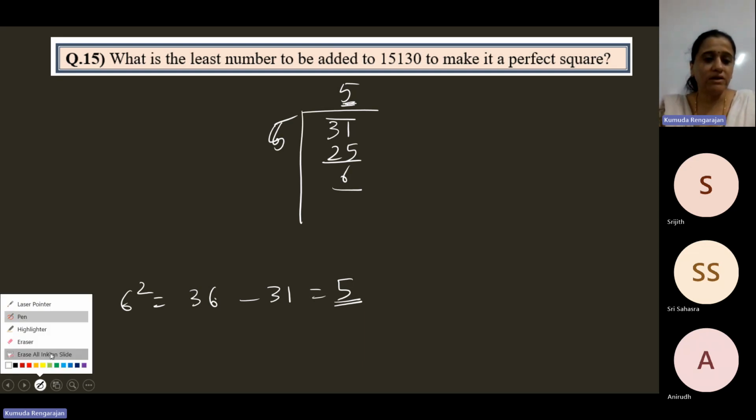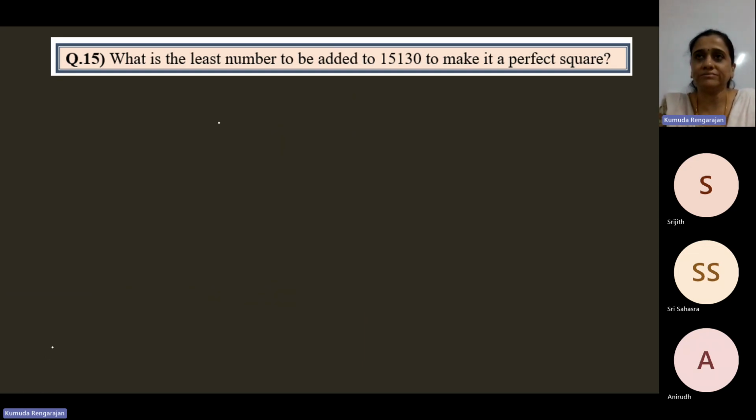We'll take another example. Supposing 90. What is the least number to be added to make it a perfect square? Think before you talk.